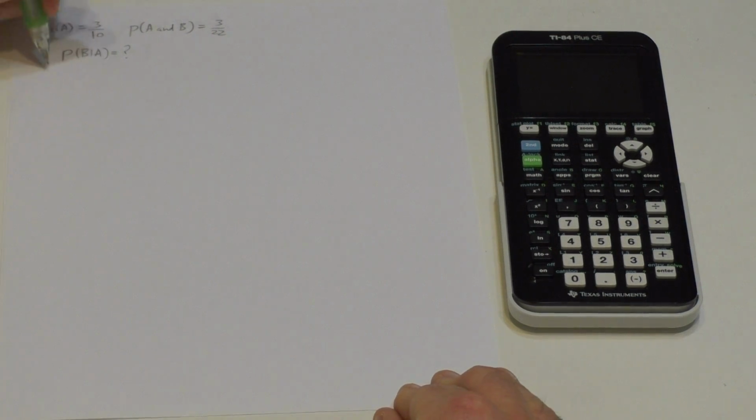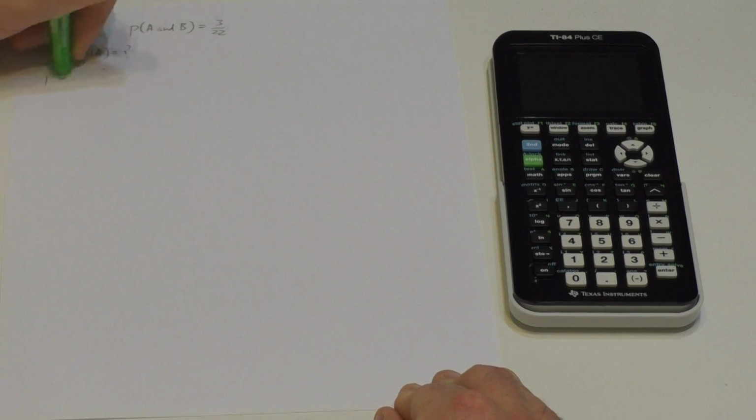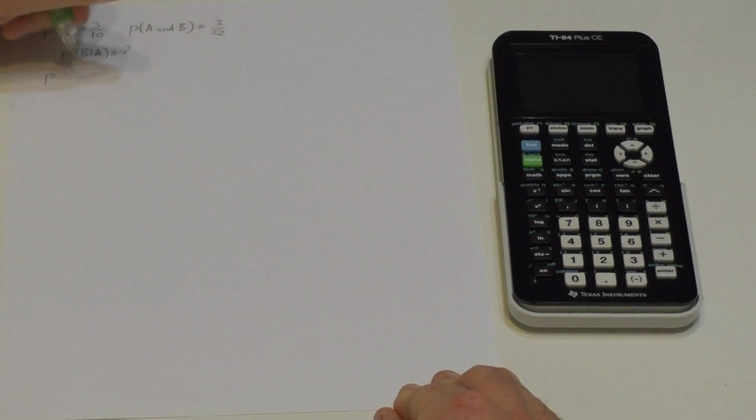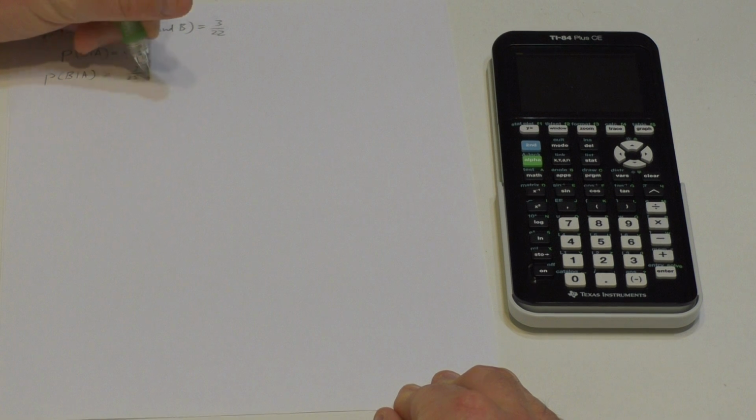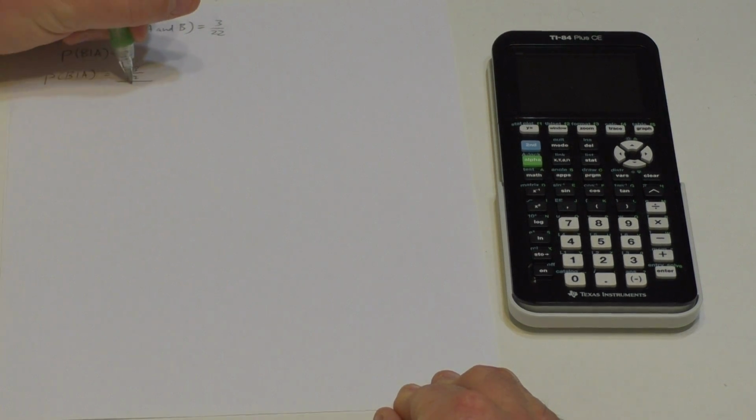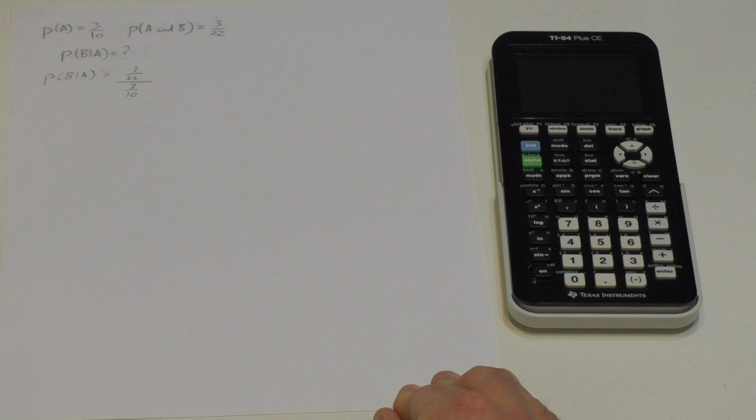We already know that the formula for B given A, the conditional probability, is 3/22 divided by 3/10.